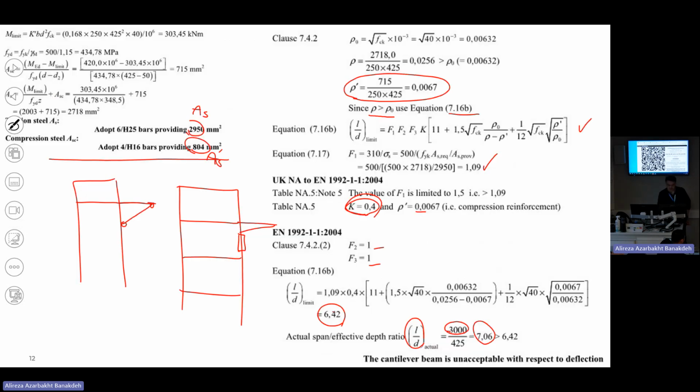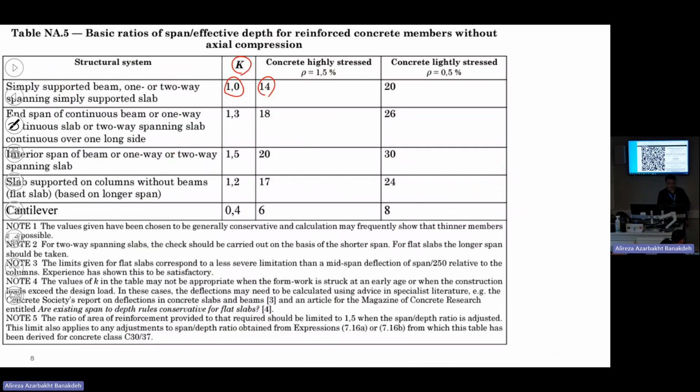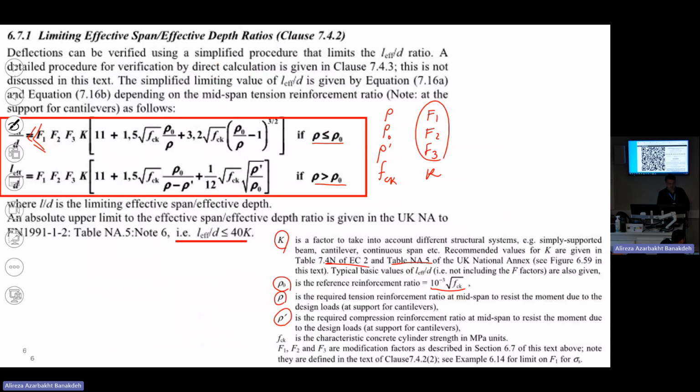Let's see, in the previous slide, it was somewhere. 40K, it's here. When Eurocode provides these two formulas, it says whatever these two give you, still it should be less than 40K. All right? The third case is this one.